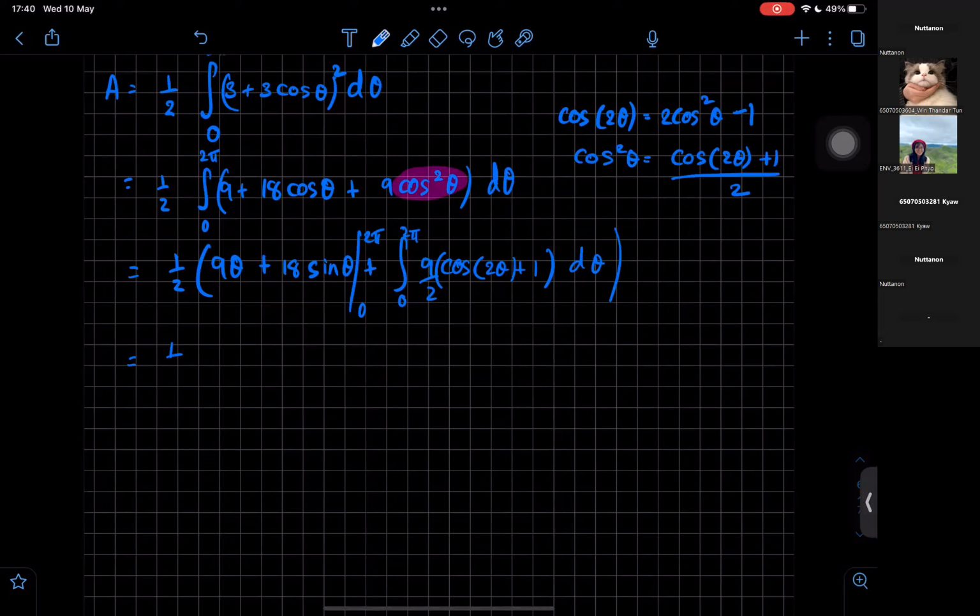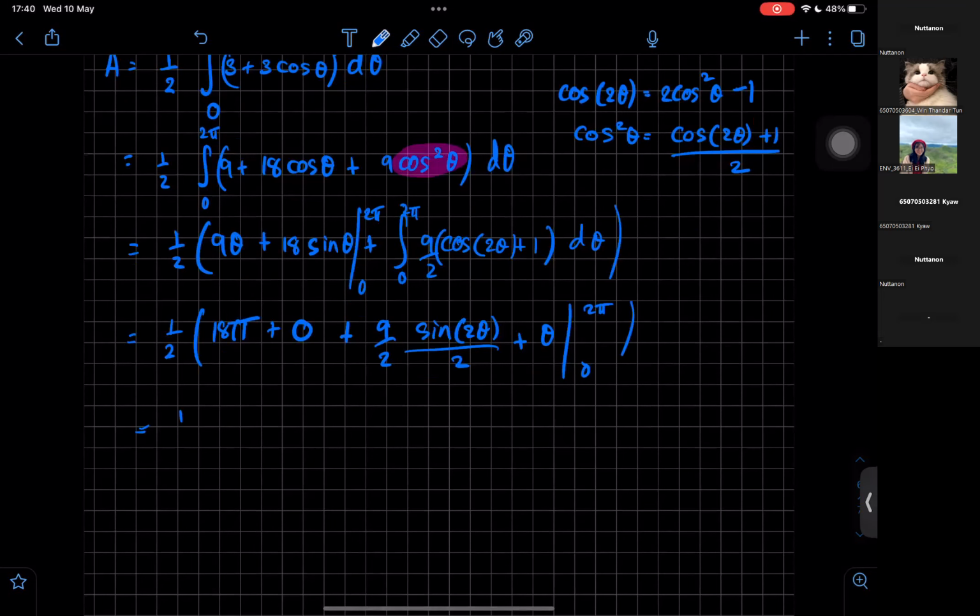This one will be 18 pi plus 18 sine theta; sine of 2 pi is 0, and sine of 0 is also 0, so we get this. And this part, cos will become sine 2 theta over 2, plus theta.